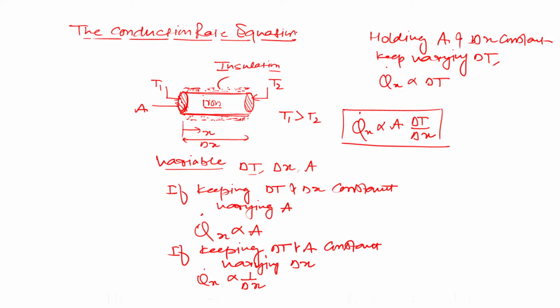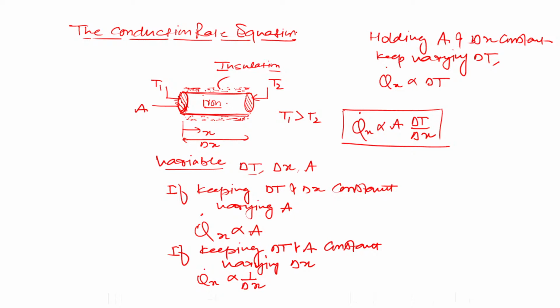If I replace this material from iron to copper or aluminium, then what happens to the heat transfer rate keeping all other parameters constant? All other parameters means the temperature difference we keep the same, the thickness of the material remains the same, and the area normal to the direction of heat transfer is the same. So in this case, will the heat transfer rate be the same or different? It will be different.